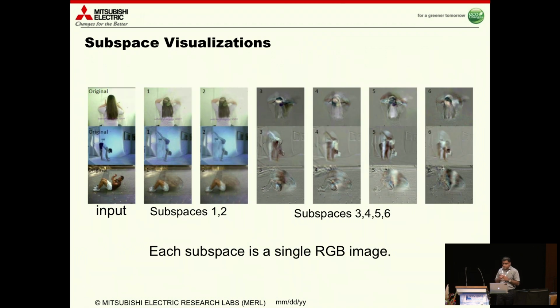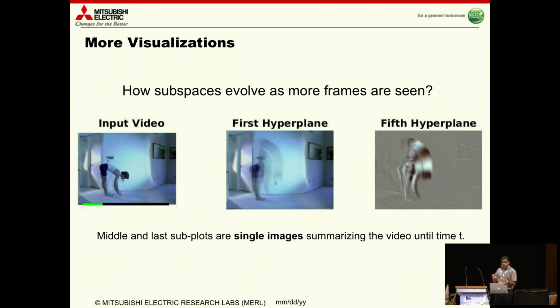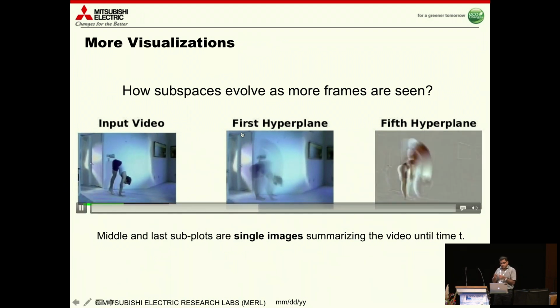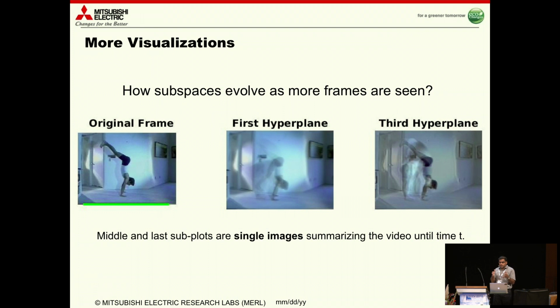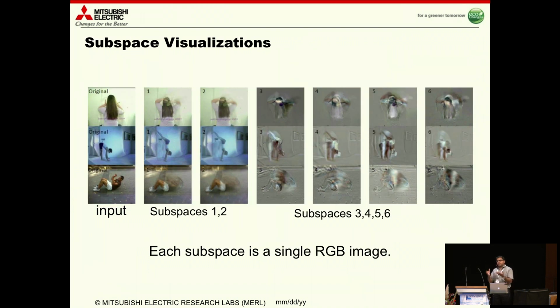Now here are some visualizations of our scheme. We visualize what the subspaces look like. The first column is the input video, and we visualize the first hyperplane, which is a single image, and the fifth hyperplane that it generates. Surprisingly, we found that the first and the second hyperplanes capture the appearance information in the videos, and the 3, 4, 5, and 6 capture mostly the dynamics information.